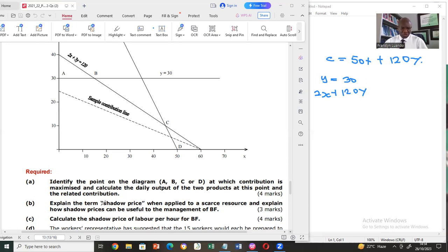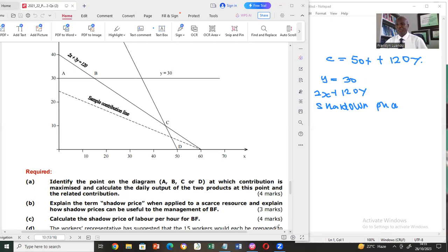Now we come to explain the term shadow price. Shadow price is the price that is above and over the normal price of a limiting factor.